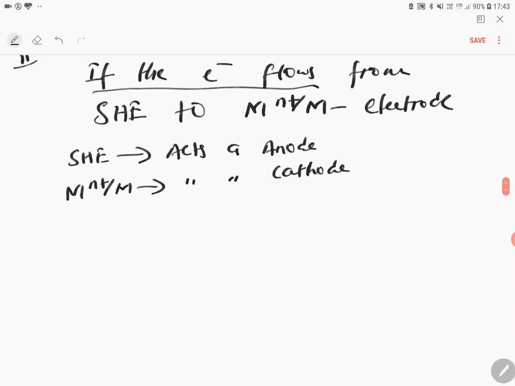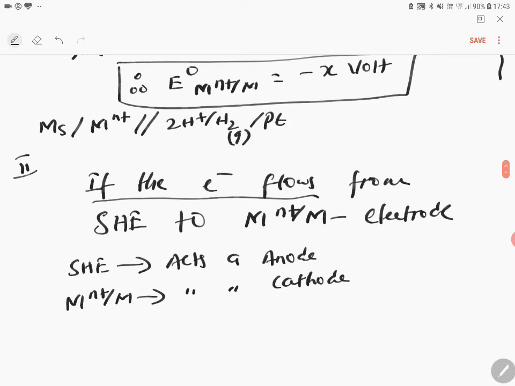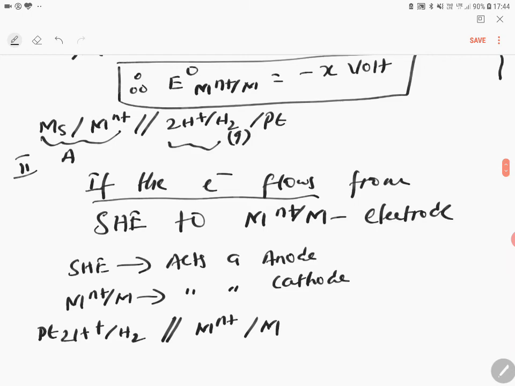Now for this case, how will you represent it? It is totally opposite. First platinum will come, then hydrogen, 2H plus, then salt bridge will come, then metal M plus bar metal. In the previous case this was anode and this was cathode.